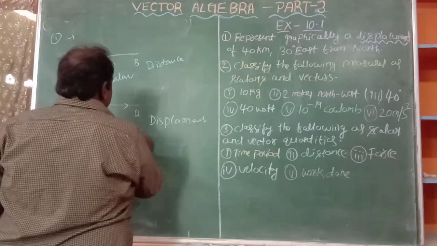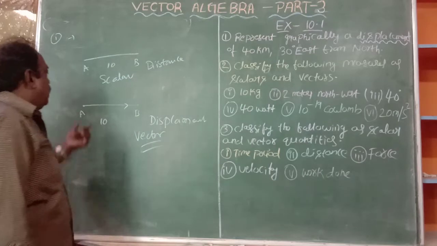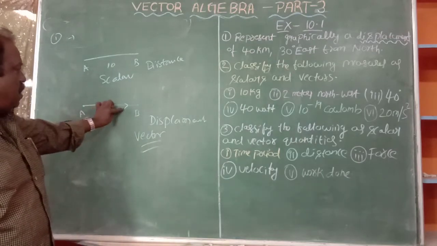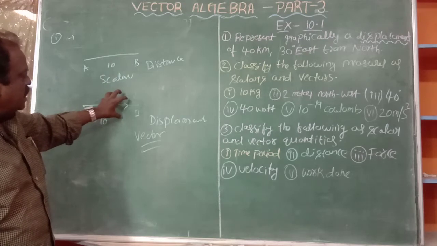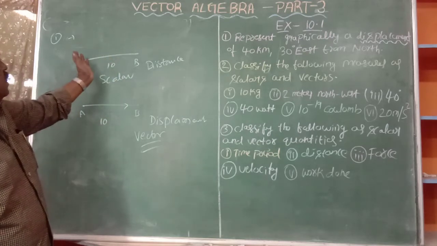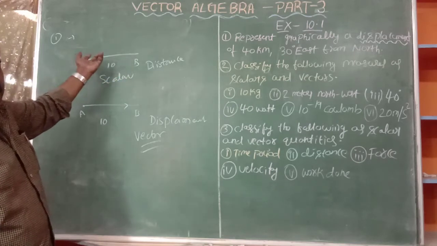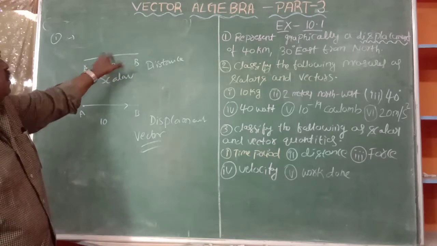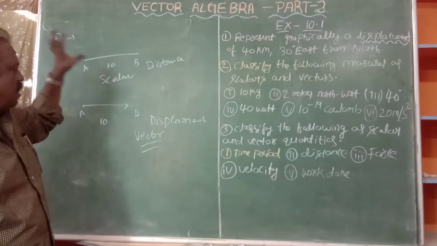Here it is a vector. Here is very clear. Arrow mark is there, but here arrow mark is not there. Here direction is given. Here direction is not given. The distance between A and B or B and A, whatever it may be, between 2 points, the distance is only the magnitude, scalar.